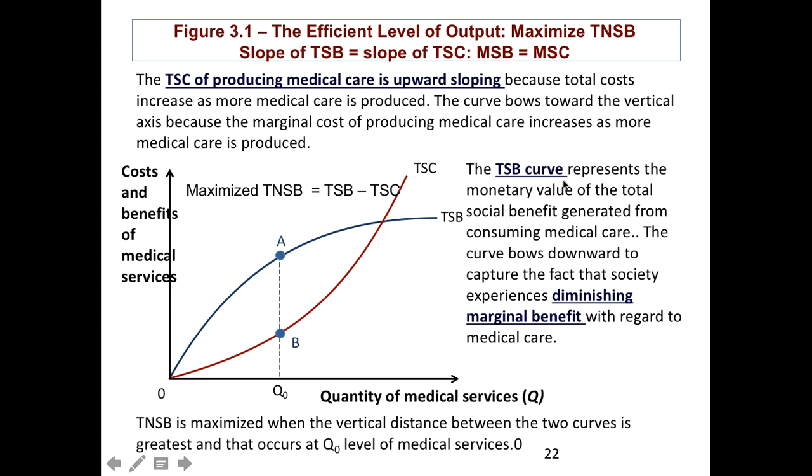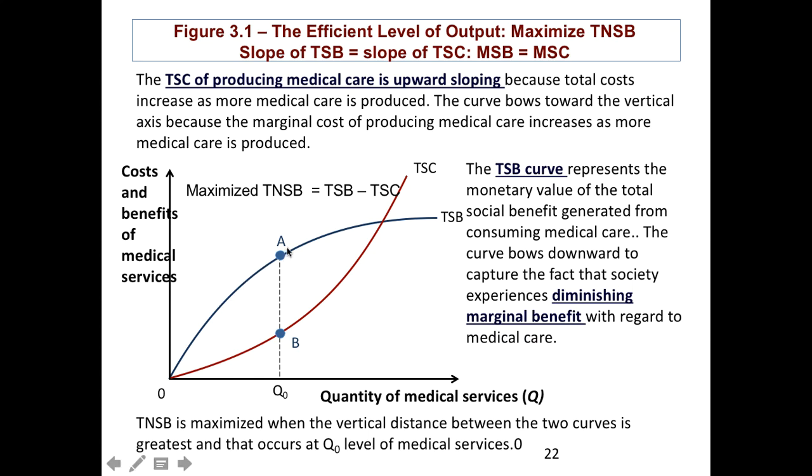The total social benefit curve is increasing at a decreasing, diminishing rate because of the diminishing marginal benefit. So each additional benefit of medical care is increasing, but at a decreasing rate because of diminishing marginal benefit, that we talked about in the previous chapter.